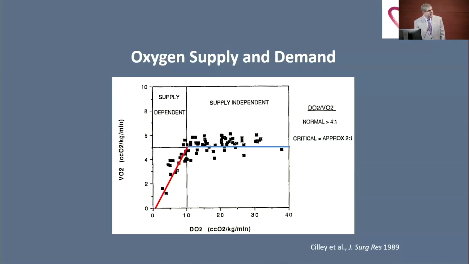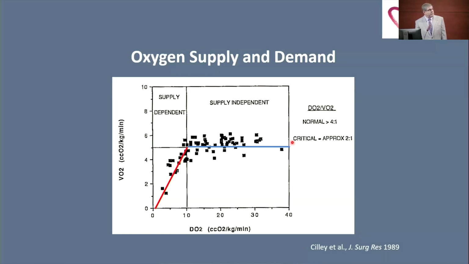As I said, the key, and this is not specific to complex transposition, for every post-bypass case, is to optimize oxygen supply and demand in those kids. And this is very common, and you all know this graph, but I'll just go over it very quickly. On the y-axis is oxygen uptake, and on the x-axis is oxygen delivery.